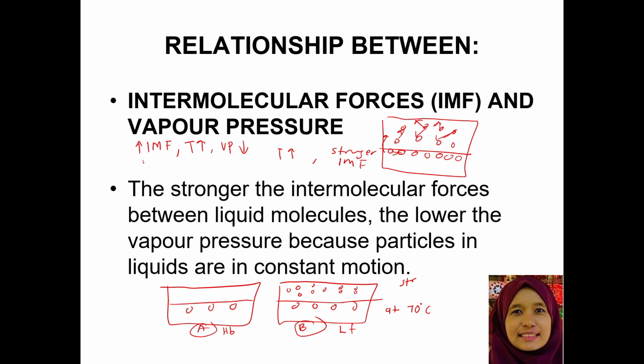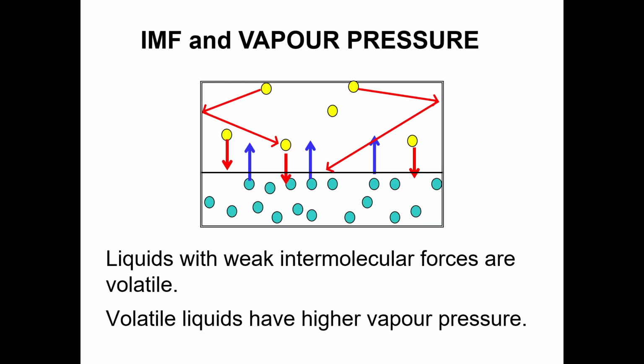Kalau weak intermolecular force, vapor pressure-nya akan tinggi sebab lebih senang untuk dia change to gas. Okay, so liquid with weak intermolecular force are volatile. Volatile meaning dia lebih senang untuk tukar jadi gas. Jadi vapor pressure-nya pun tinggi.